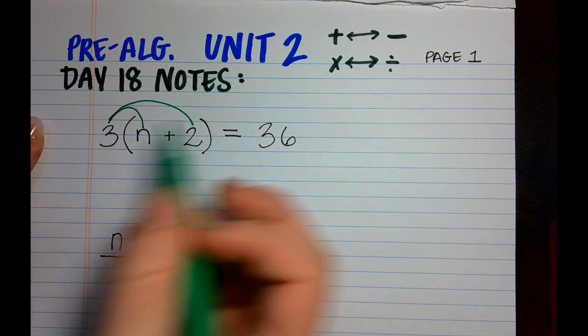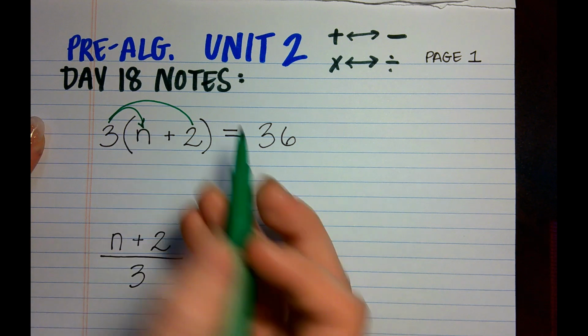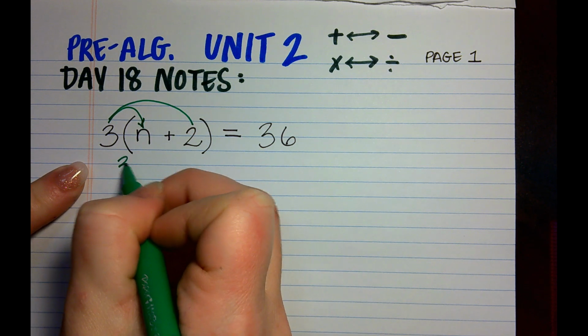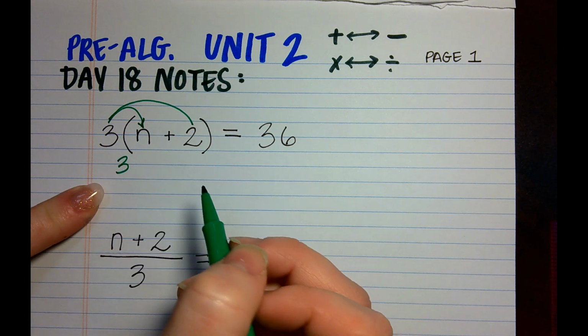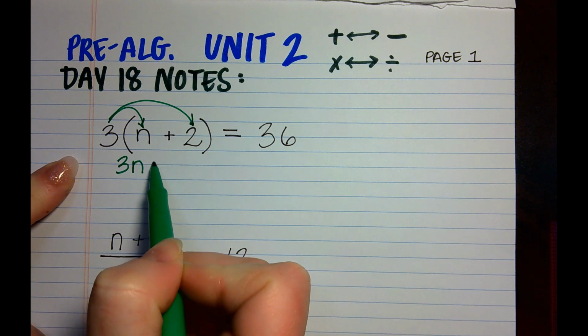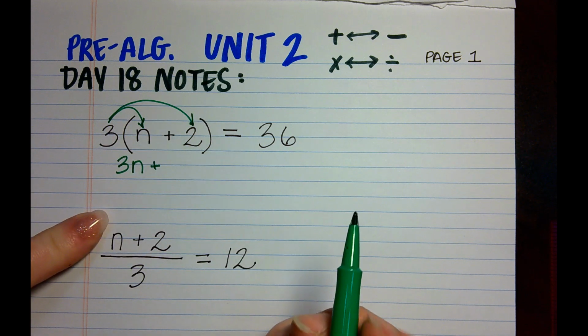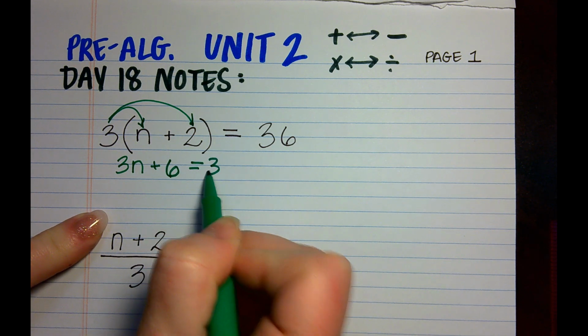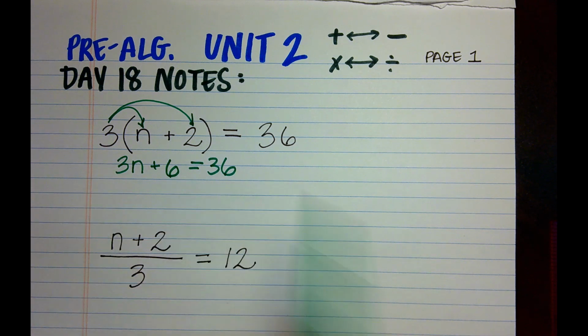I could do 3 times n, which is 3n, distribution. And 3n plus, what's 3 times 2? 6. Good. Equals 36. So this is one way, and then we solve from there.